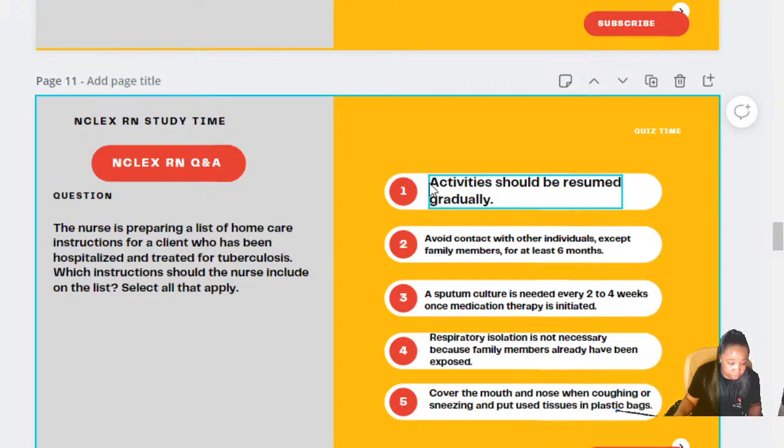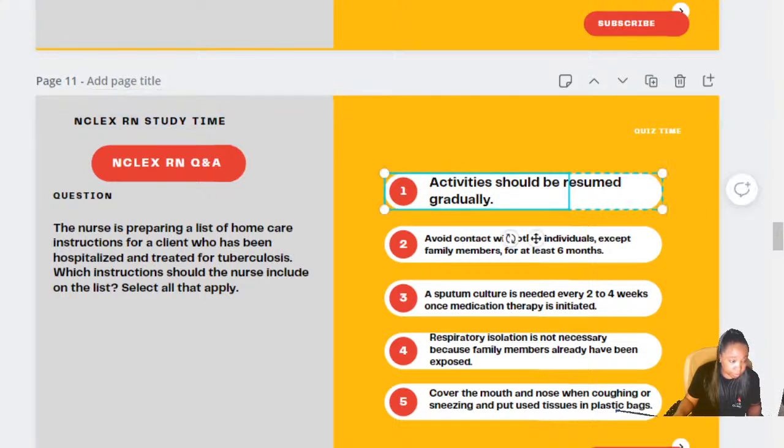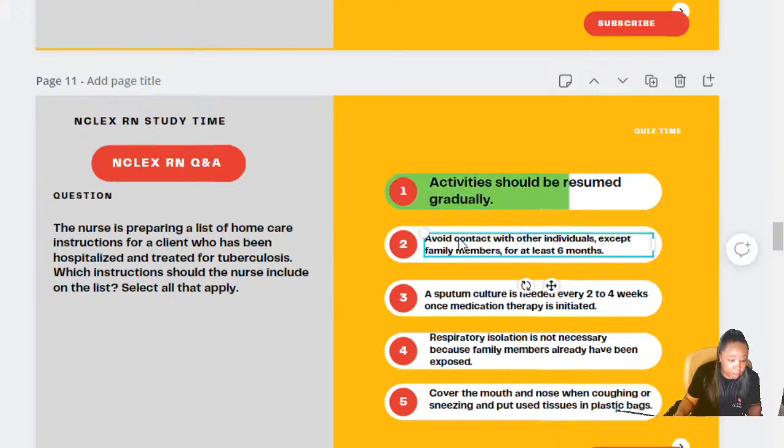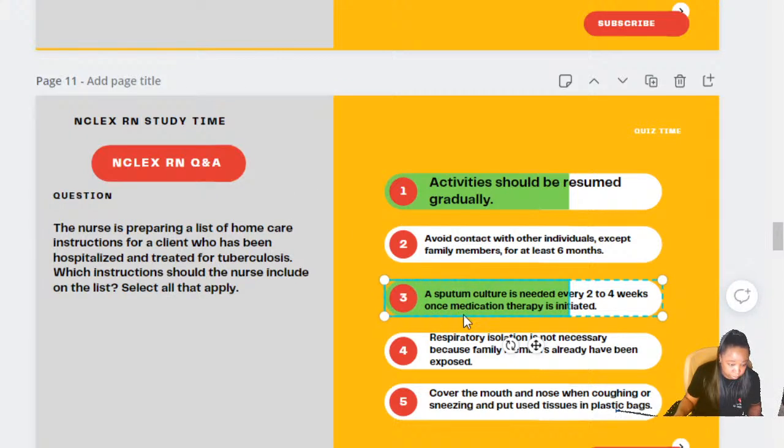Activities should be resumed, yes. This one would say no because family members already exposed, right? And then the third one, yes. Sputum culture, yes, you have to do sputum culture every 2 to 4 weeks until you get a negative result.